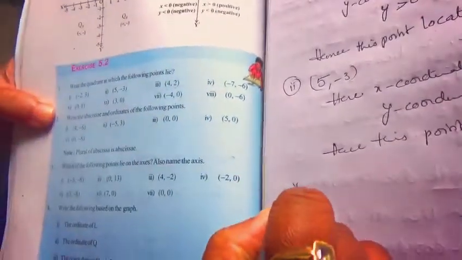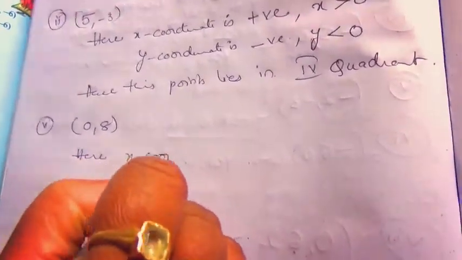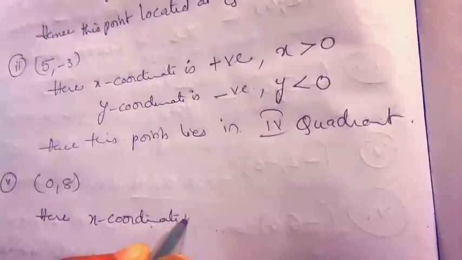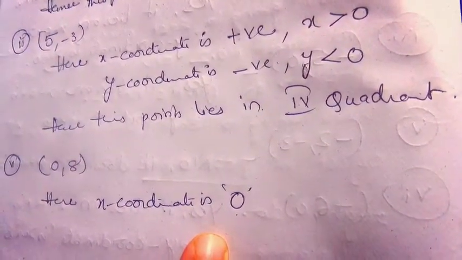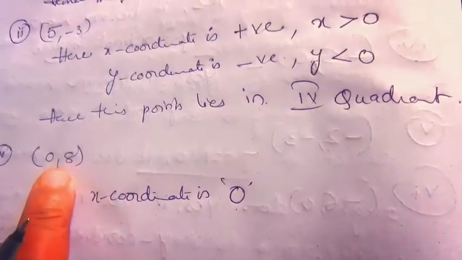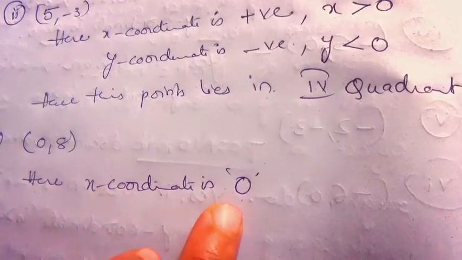The fifth one is 0, 8. Here the x coordinate is 0, and the y coordinate is 8.